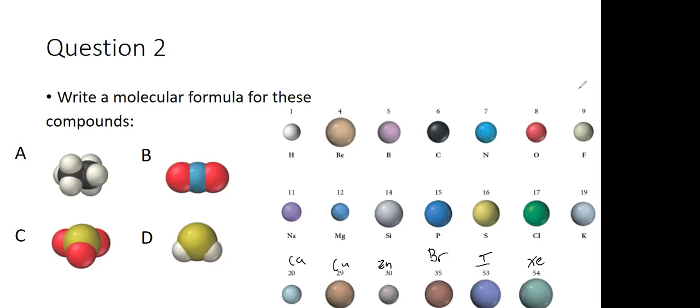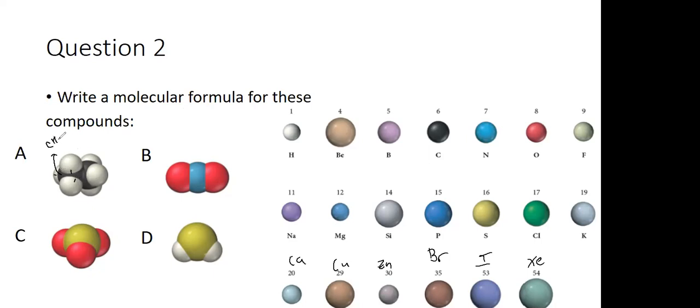All right, so hopefully you had some time to try and decipher what type of molecules we're looking at. And depending where you go in science, you're going to see molecules represented like this all the time. So in A, this black sphere is carbon, and it's connected to 3 hydrogens.